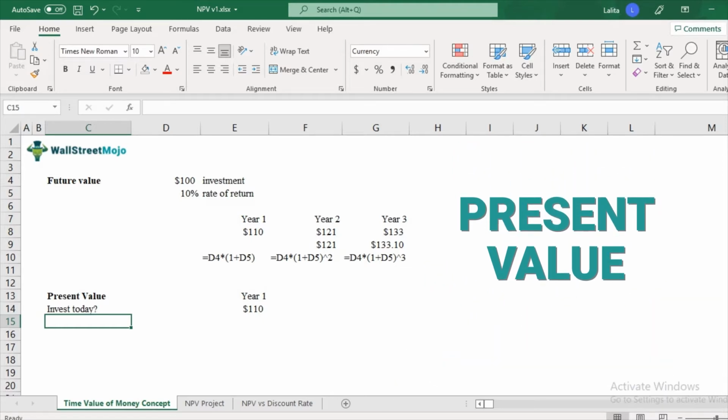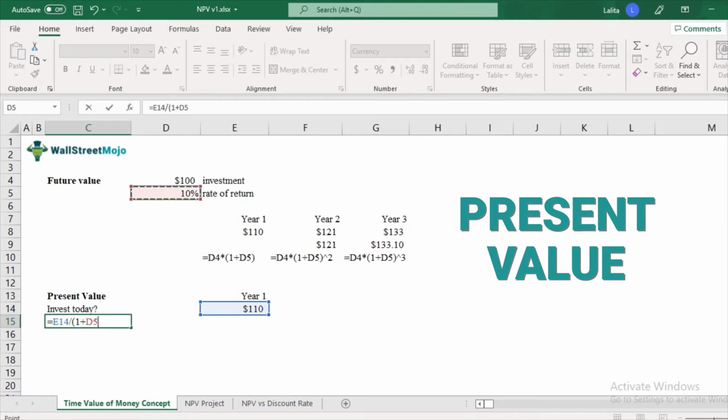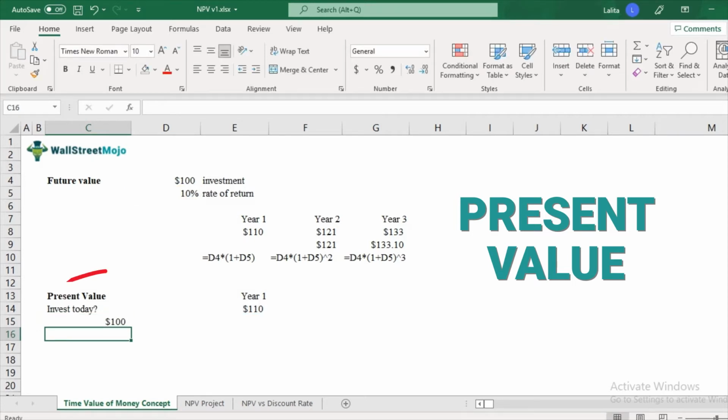The formula is nothing but equal to, this is the desired amount at the end of first year, and you divide this by 1 plus your 10%. Okay, so in this case, you remember in future value, we multiplied the original investment by 1 plus the rate of return. In this case, it's exactly the opposite. We are dividing it by 1 plus 10% and we get the answer as $100.